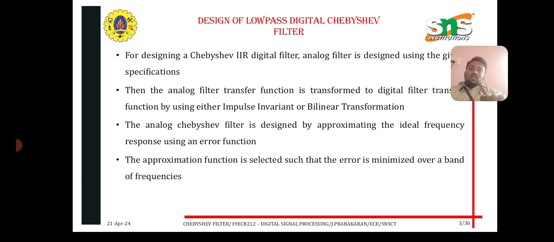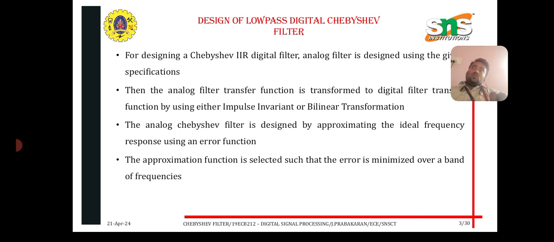For designing a Chebyshev IIR digital filter, an analog filter is designed using the given specification, and the analog filter transfer function is transformed to a digital filter transfer function by using either the impulse invariant method or the bilinear transform technique.